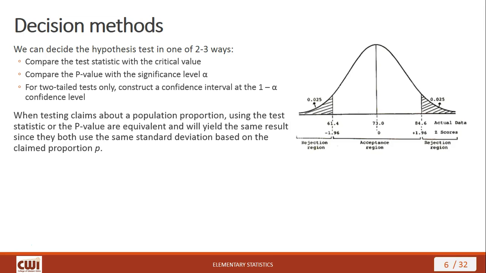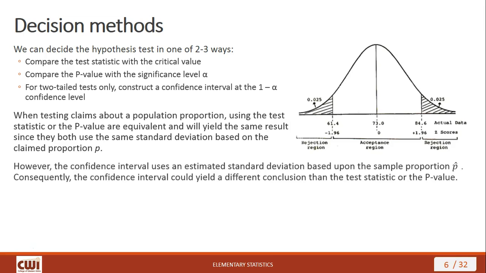Whatever method we use, we have to remember that when testing claims about a population proportion, using the test statistic or the p-value are equivalent. They're going to give us the same result since we both use the same standard deviation based on the claim proportion p. However, the confidence interval method uses an estimated standard deviation based on the sample proportion p hat.